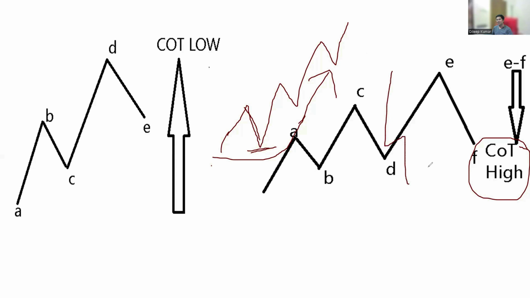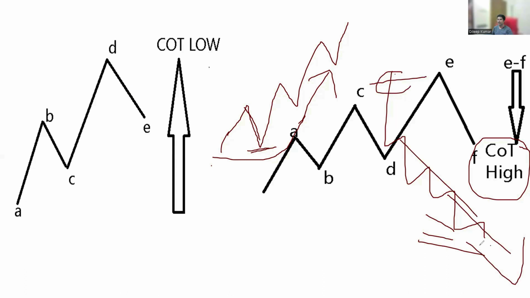As the prices make lower lows, the COT high has to be as negative as possible. That tells us the total number of traders committed from the high point in pushing the prices downwards to the current price. As the price is going up, the COT low has to be generally positive.